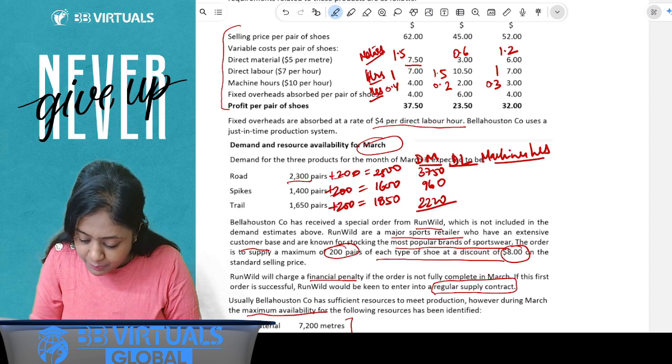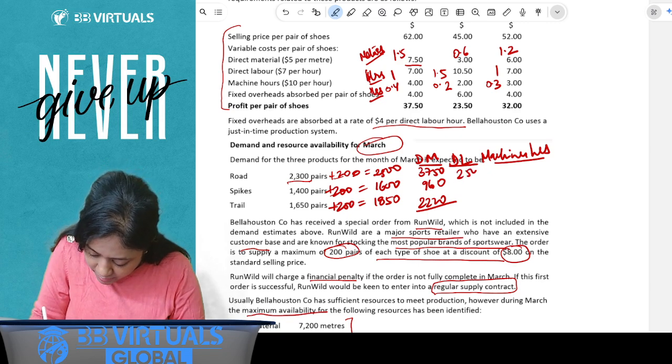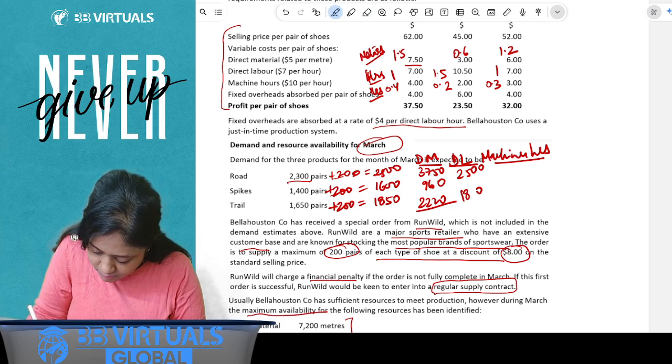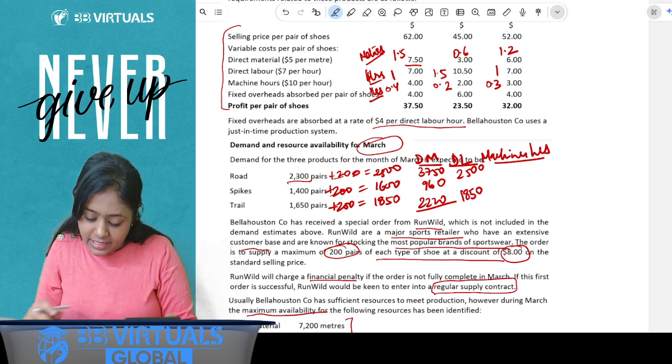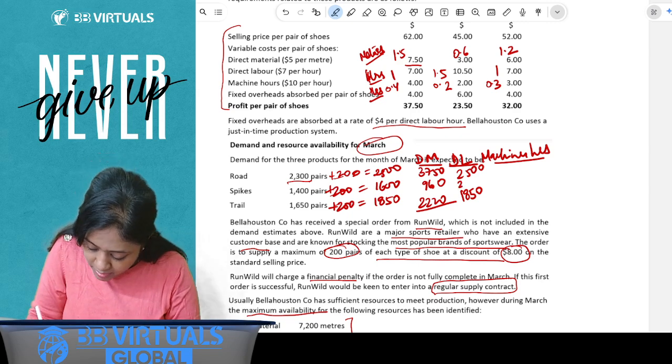Labor is 1, 1.5 and 1. So 1 means it will be 2500, and for the next one, 1600 into 1.5 gives me 2400, and here it is 1850. We'll get the total here as well.